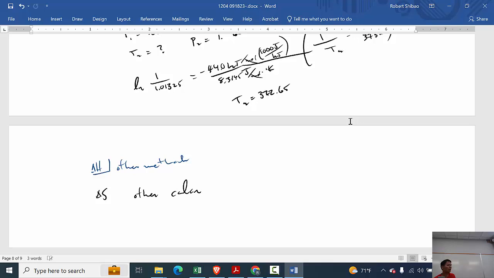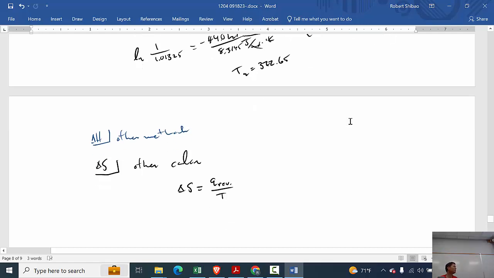Now we looked at calculating S using the Boltzmann equation, but this is calculating delta S, and there are some thermodynamic equations that we can use to calculate delta S. Delta S is related to Q, and this reversible means there are some restrictions on how that heat is transferred.